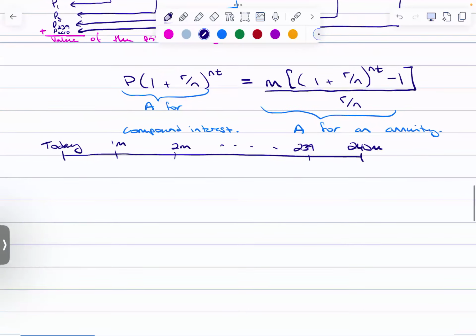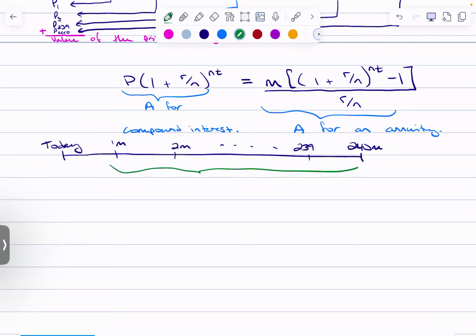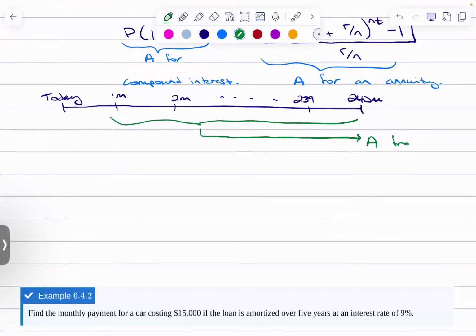What we're saying then is that, what color can I use? Green. These payments are going to be worth some accumulated amount, right? And so here, A from the payments after 20 years, right? For the length of the term.